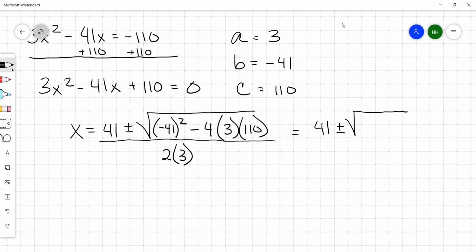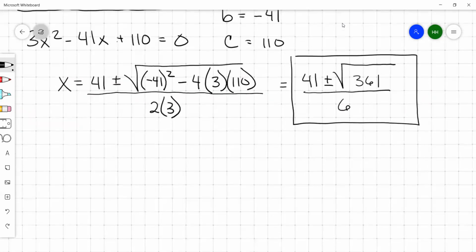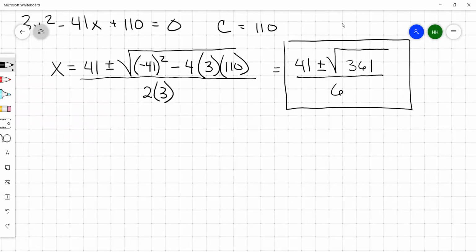And under this radical, you get 361. And it's all divided by 2 times 3, which is 6. So if it's a multiple choice quiz and you see this as an answer, you're done. All right? You may see decimals as your answers.